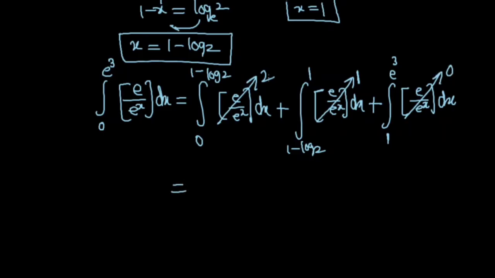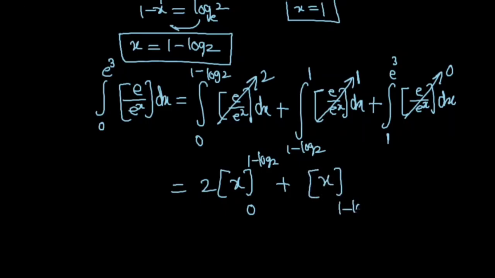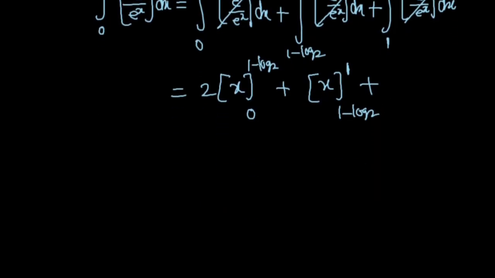So integration of 2 dx, 2 dx is 2x, from where to where are the limits? 0 to 1 minus log 2, plus integration of 1 dx is x, where the limits are 1 minus log 2 as lower limit and 1 as upper limit. This is 0 into something is 0, no need of writing.